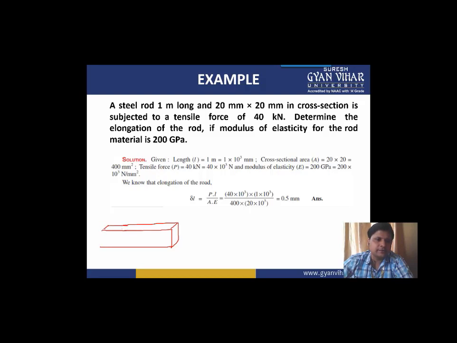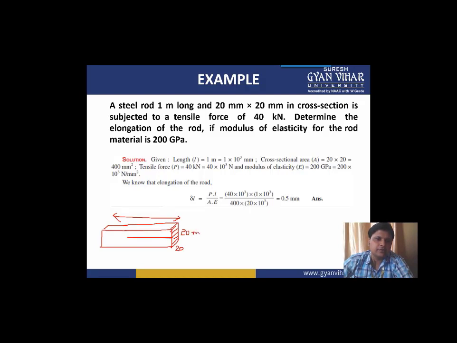The rod is like this. Here the cross section, 20 by 20, denotes this: this is 20 and this is 20. This gives you the cross-sectional area. Apart from that, the length they have given you is 1 meter.